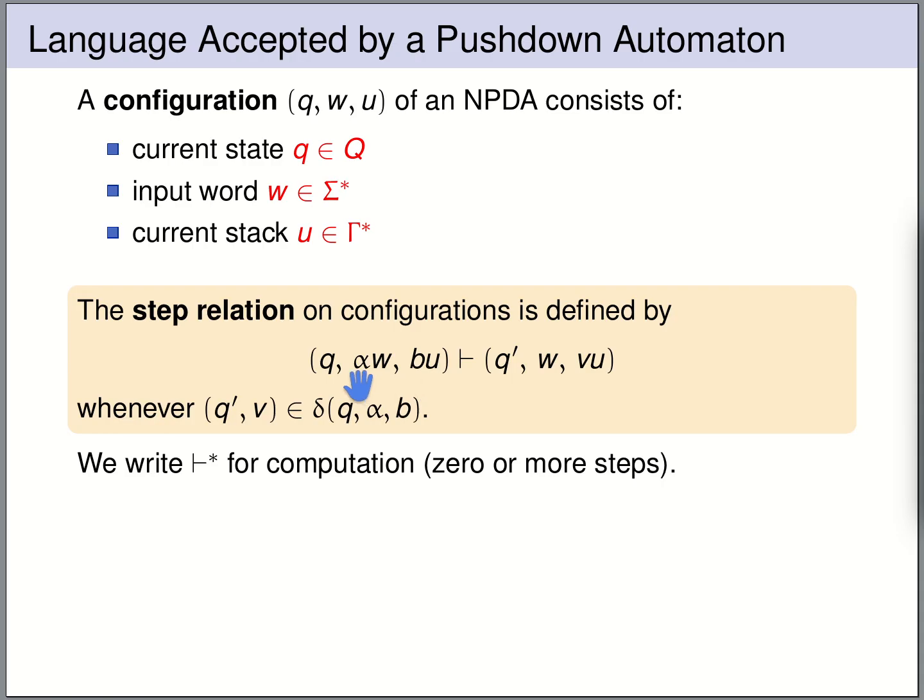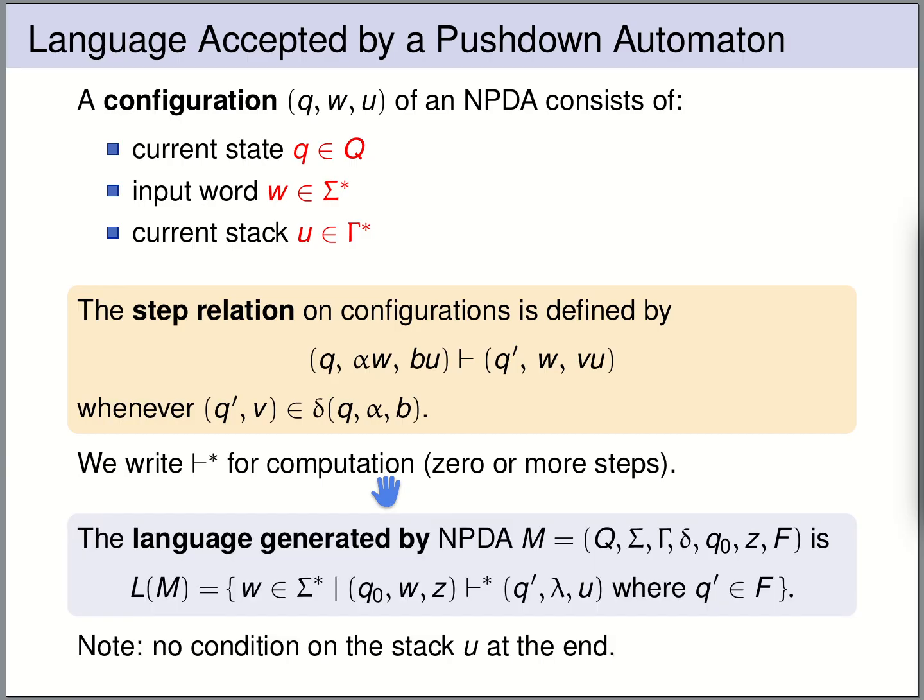The input letter alpha is consumed. If alpha is lambda, nothing happens. And B on the stack is replaced by V. As before, we write this turnstile symbol to the star for a sequence of steps, 0 or more steps. And we will refer to this as a computation of the pushdown automaton.